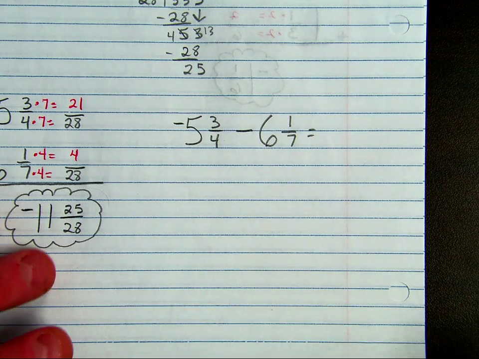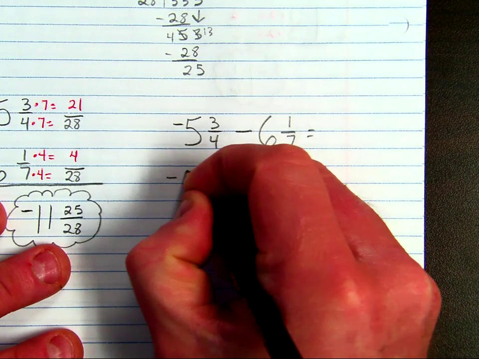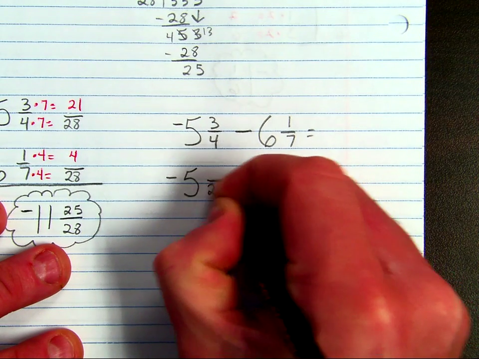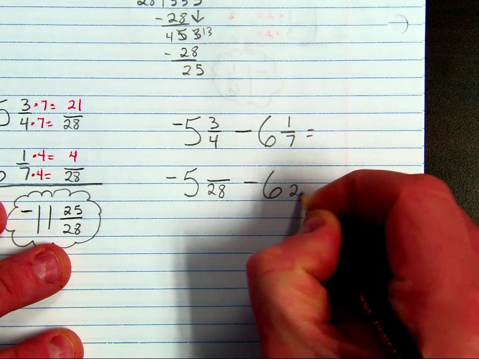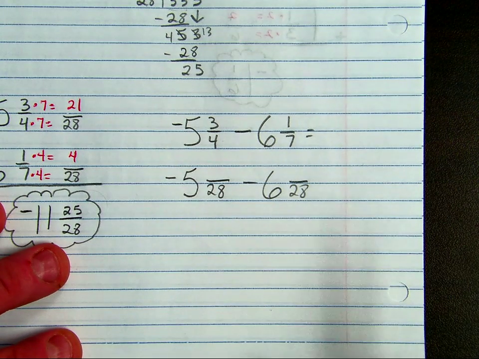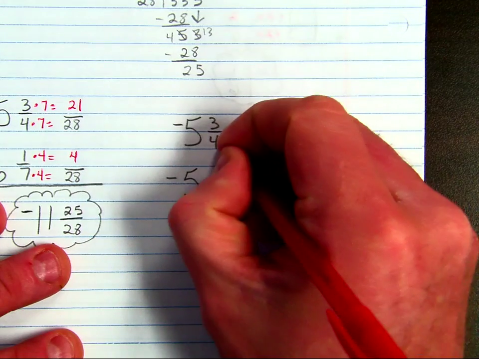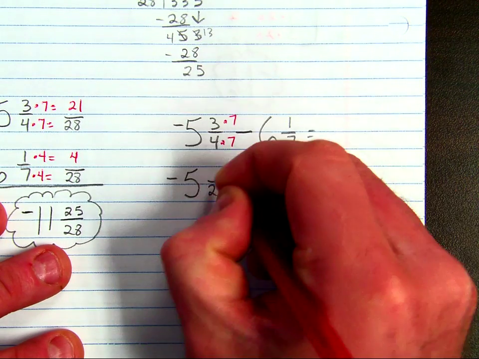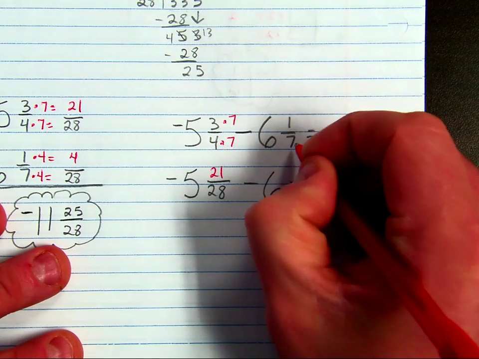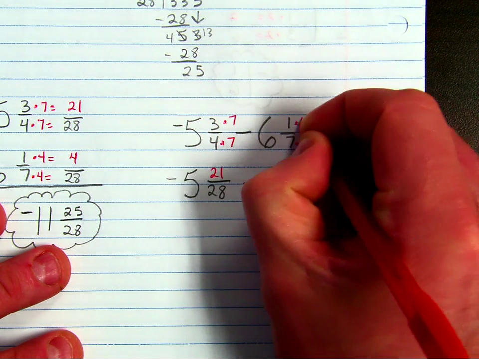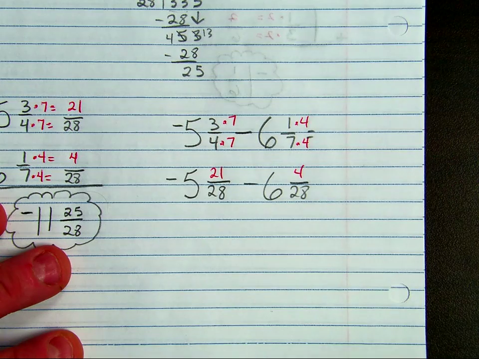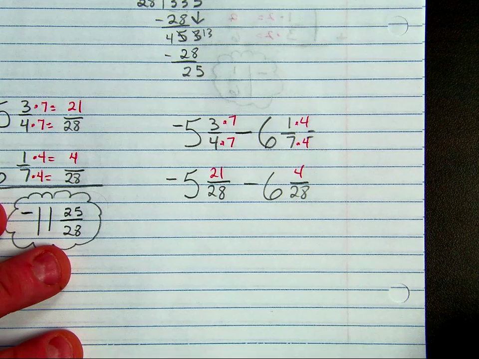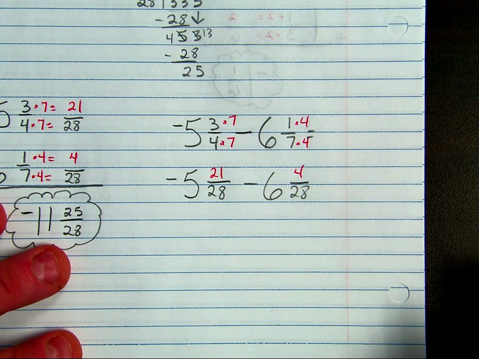So watch, Dustin. Common denominator is 28. We're going to still multiply this by 7 and get 21. We're still going to multiply this by 4 and get 4. Now, if you want, because we're working side to side, we can do the keep, inverse, inverse.